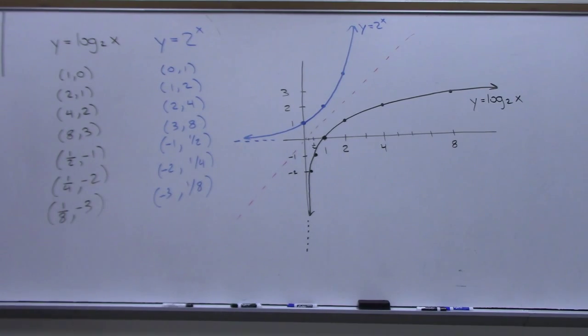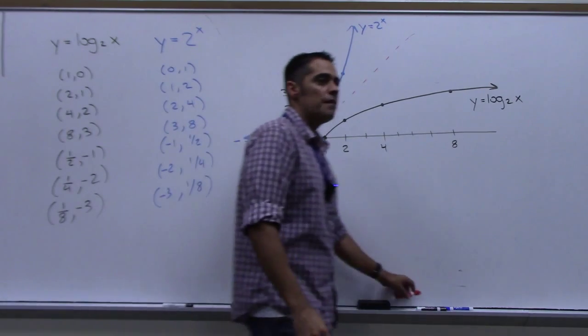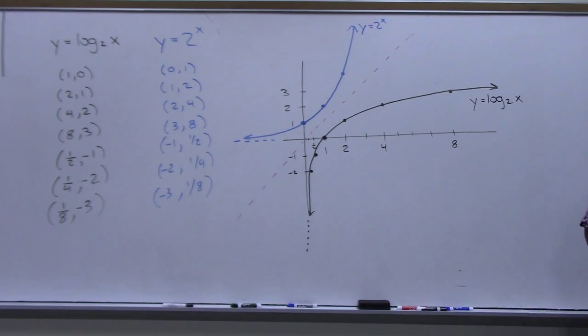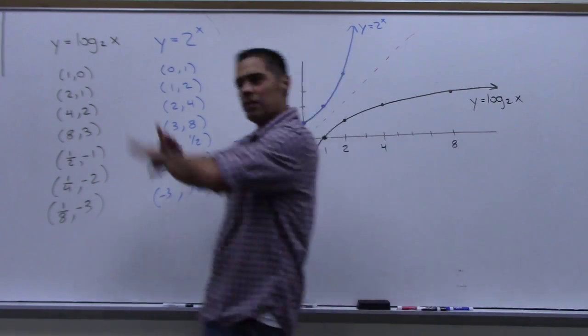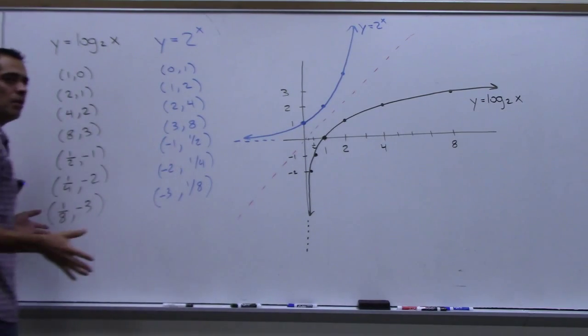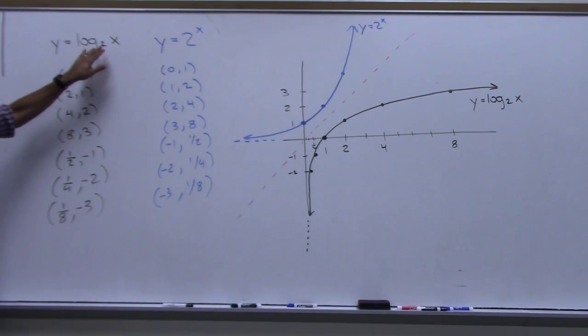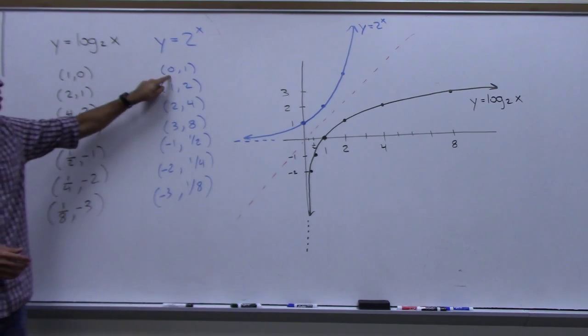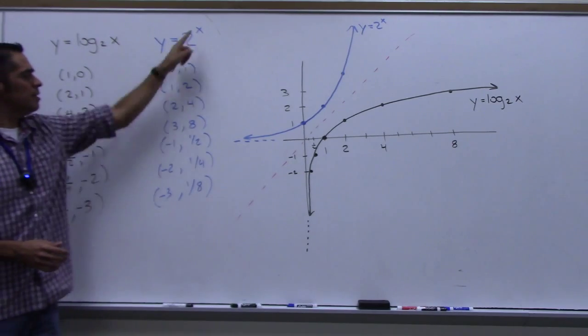Okay? So what would be a more efficient way of graphing log base 2 of x? What would be the most efficient way, if I asked you, starting this whole problem over, knowing what we know now, what would be the most efficient way to graph this? Yeah, do this, because this was easy, right? Plugging 0 into here, plugging 1 into here, 2 into here, 3 into here.